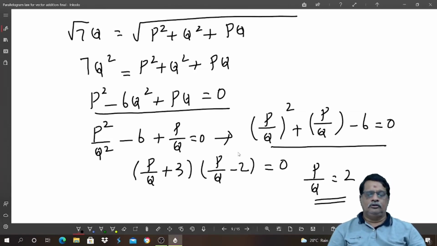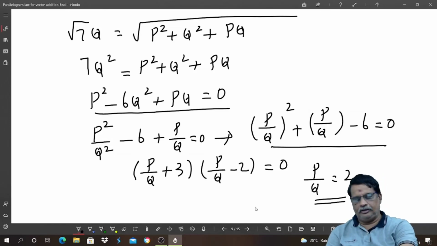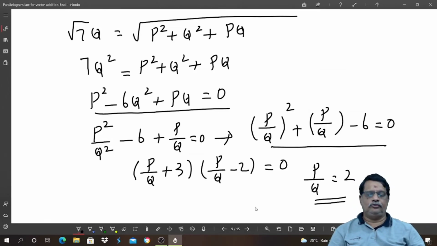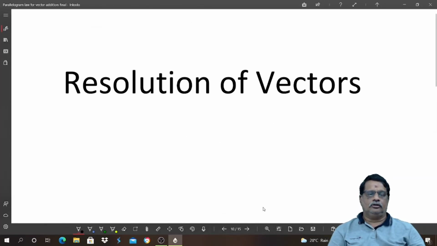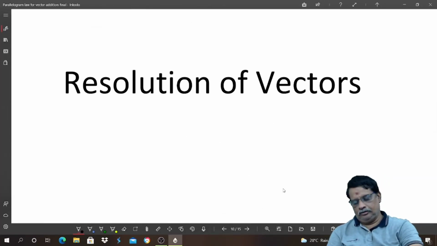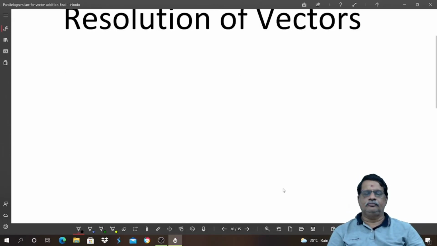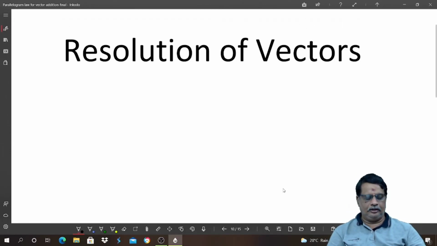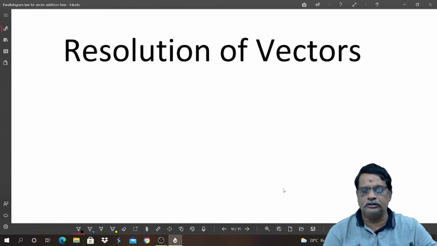Okay, now let us go to the next section, which is nothing but the resolution of a vector. Now what is meant by the resolution of a vector? Resolution of a vector means splitting a vector along the known directions. Suppose we have a vector which is lying along any direction in the xy plane.